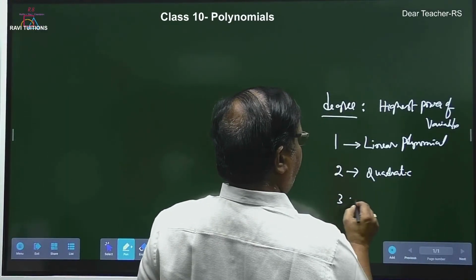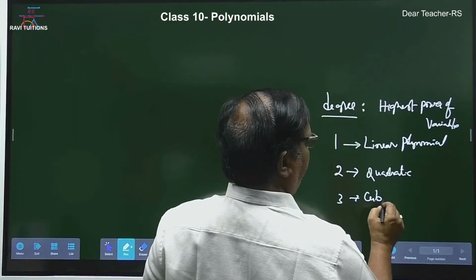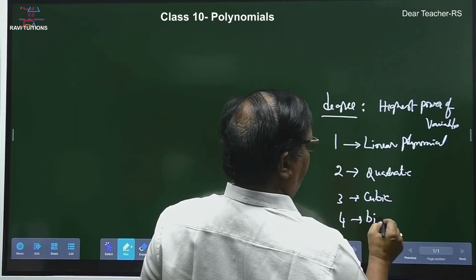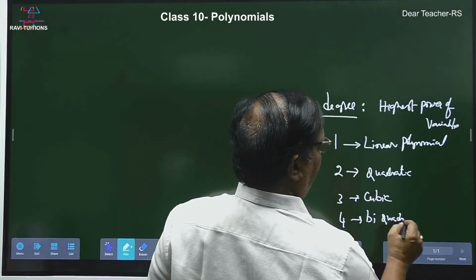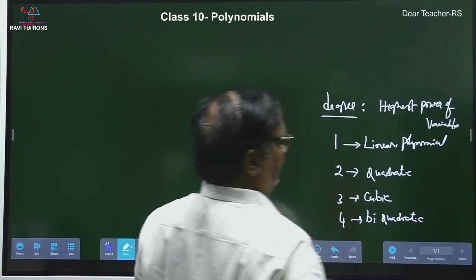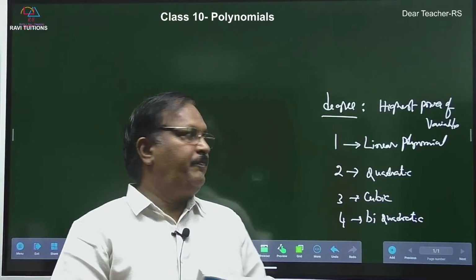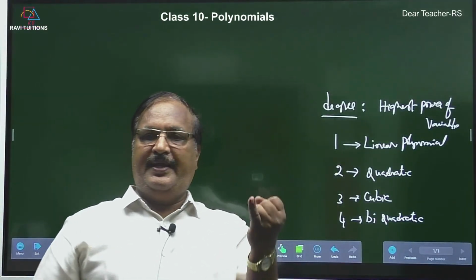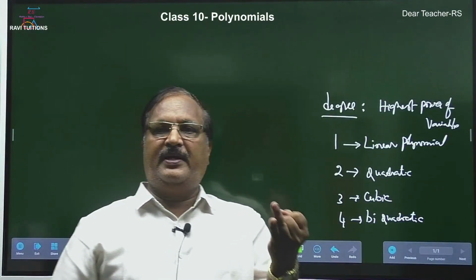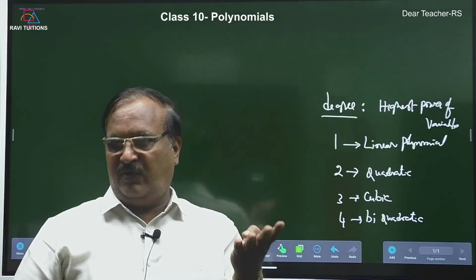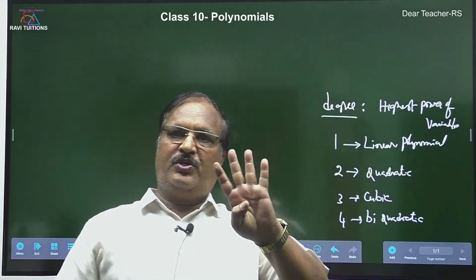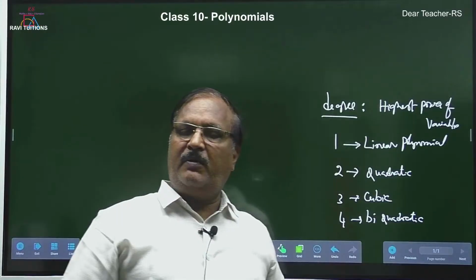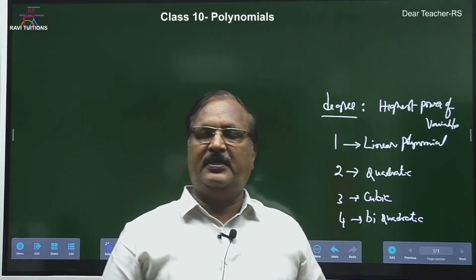If degree is 3, we call it a cubic polynomial. And if degree is 4, we call it a biquadratic polynomial. So degree 1, 2, 3, 4 are enough: linear, quadratic, cubic and biquadratic. You should know degree, because depending upon degree we have some problems, right?